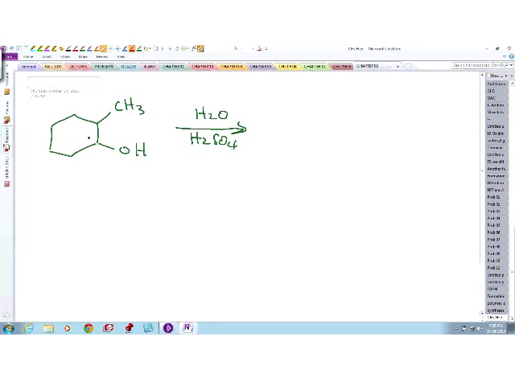Let me number this carbon here. Let us say this is carbon 1, carbon 2, 3, 4, 5, and 6. I ask you, what will be the major product of this reaction?